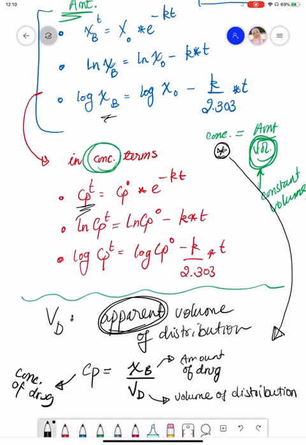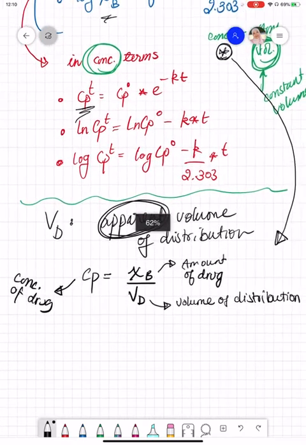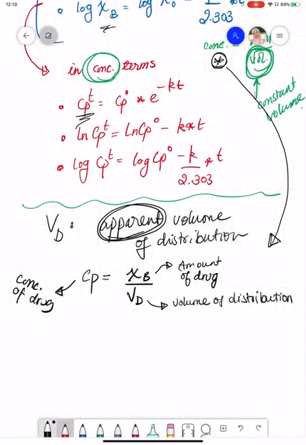If we look at this, we can notice that the volume of distribution gives me a relationship between the concentration measured and the amount of the drug in the body.